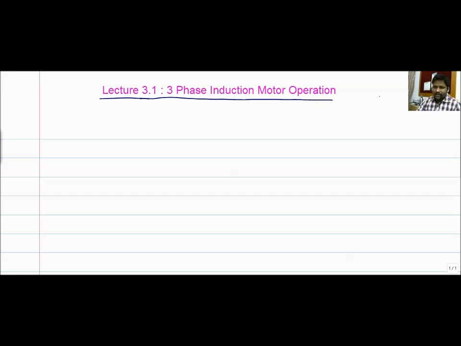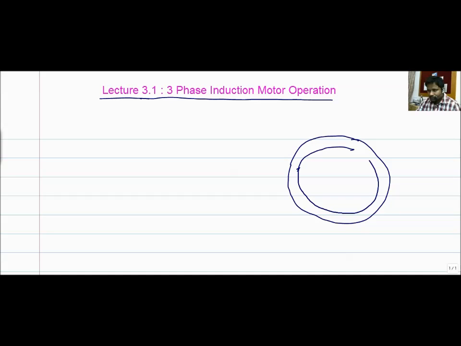A three-phase induction motor basically consists of two parts. Here we have seen that there are 6 circles.